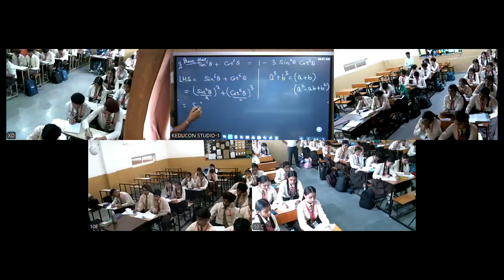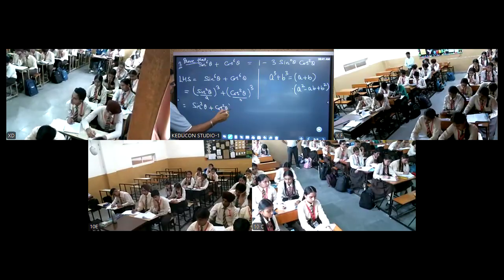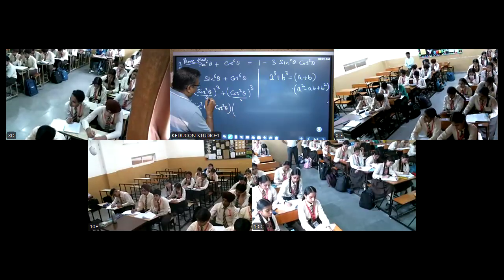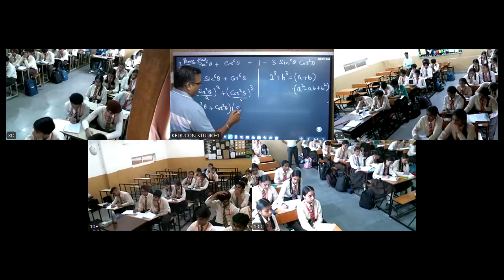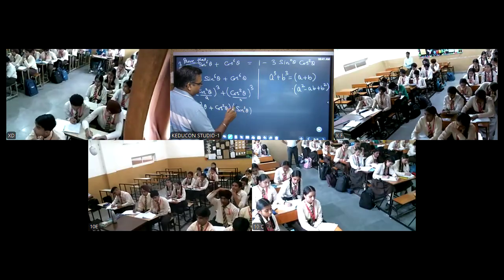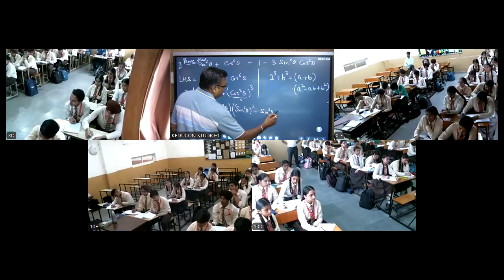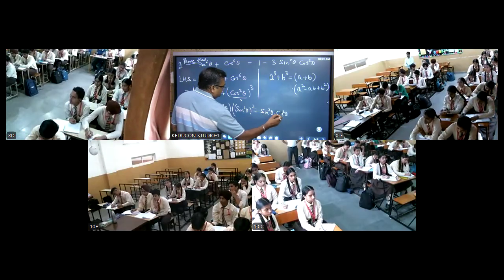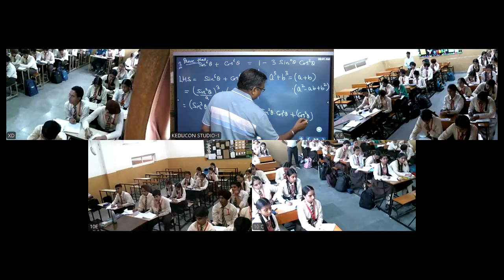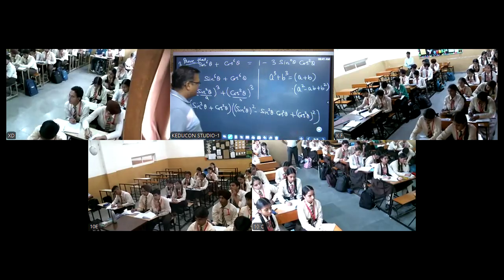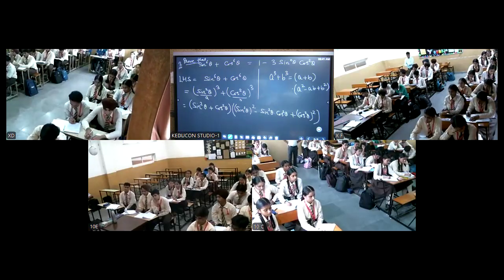So what is the formula? a plus b into a square, what will be the square of sin square theta, minus ab, plus b square. Any doubt students? Any doubt, please tell me.